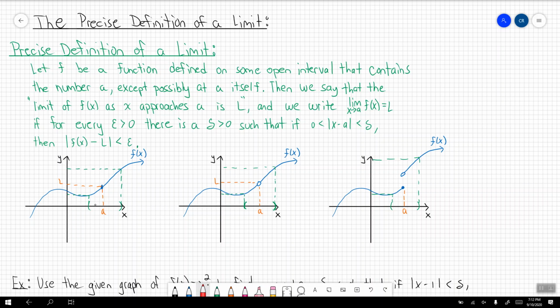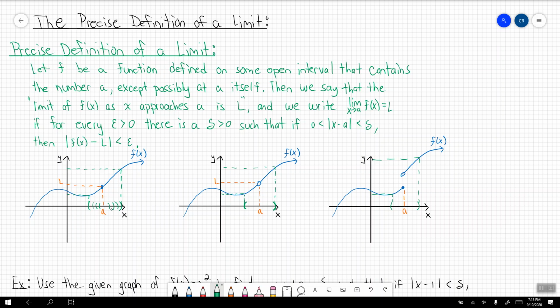Well, what that means is that we're going to take this interval where I've bounded my value of a, and I'm going to start shrinking this interval. Smaller and smaller and smaller.